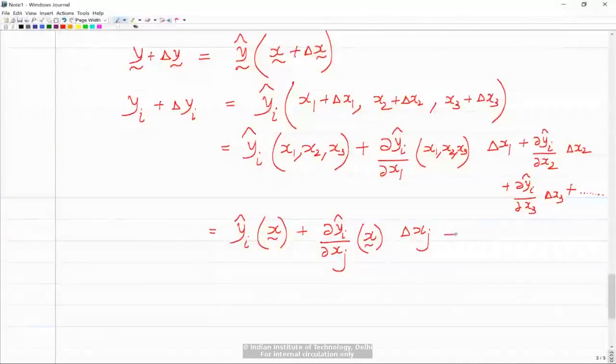So those are the higher order terms, which we denote with the symbol big O. And since it's a square, I could write it as delta x whole square.